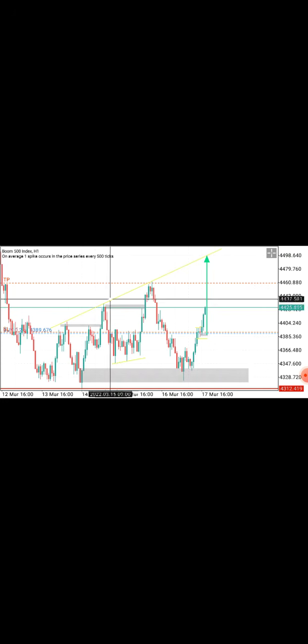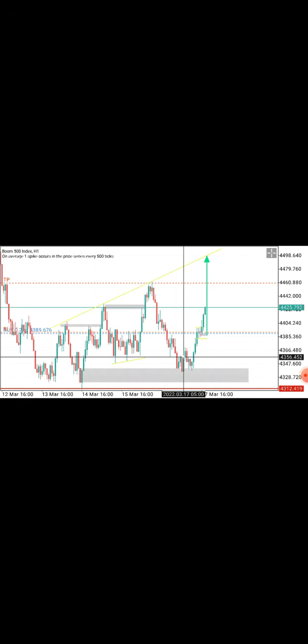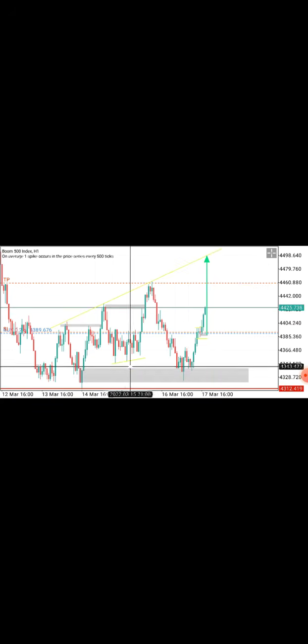After the market broke this previous secondary high, the market decided to respect this trend line and came to the downside. What did I just tell you? I said that after the market respects this trend line, people are going to buy, right?